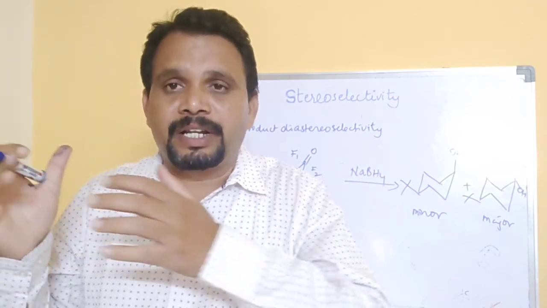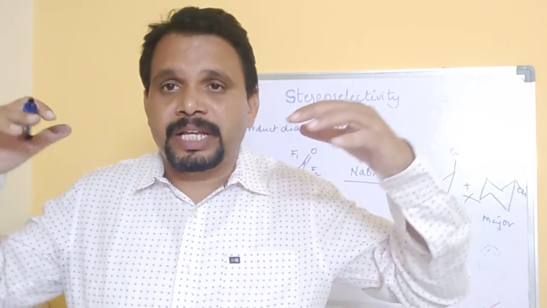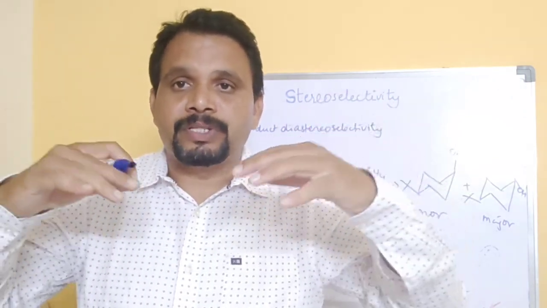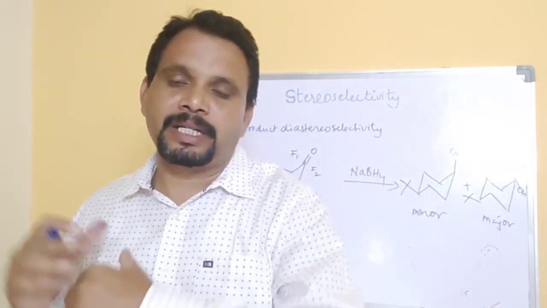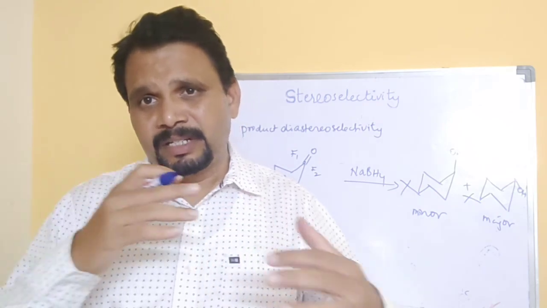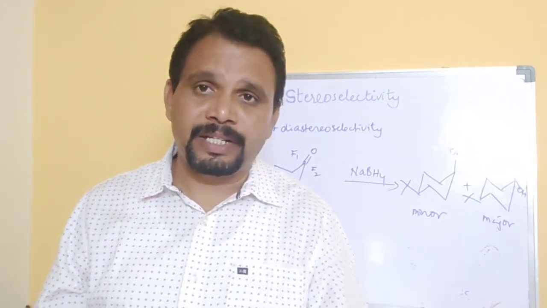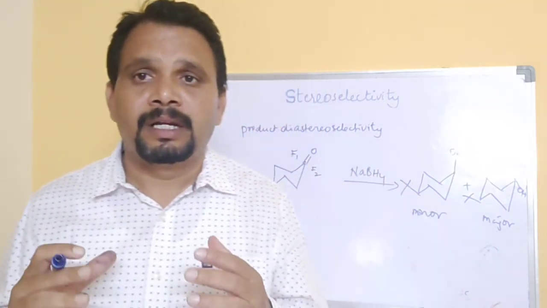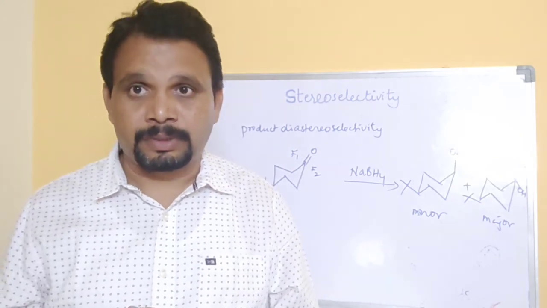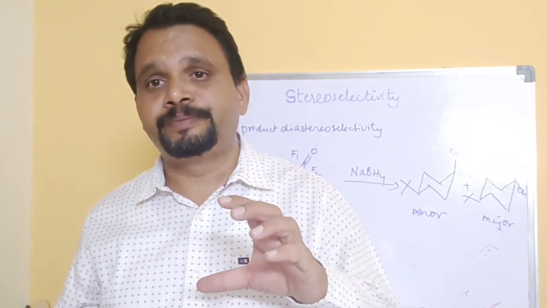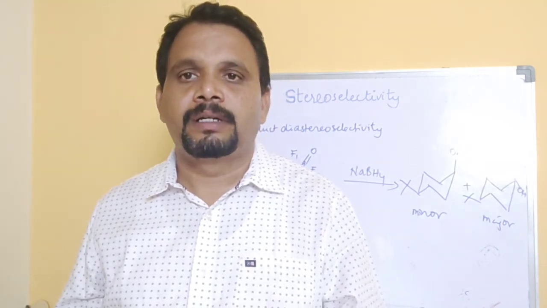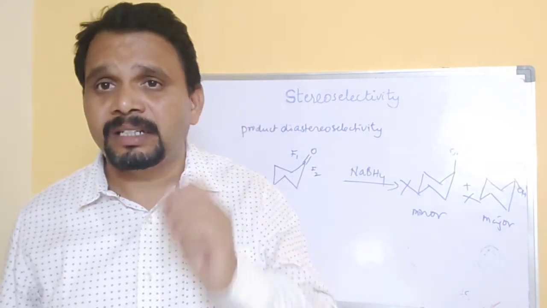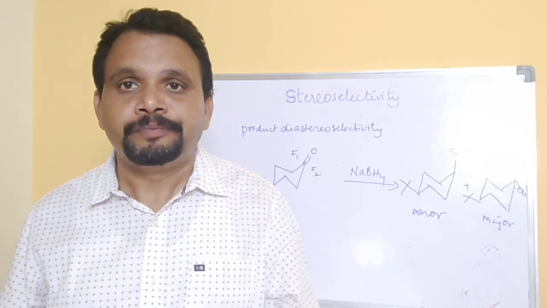The incoming reagent reacts on different spaces, from the front side or the back side, on different three-dimensional planes, so that you get different possible stereoisomers, but among them predominantly one stereoisomer forms more than the others.